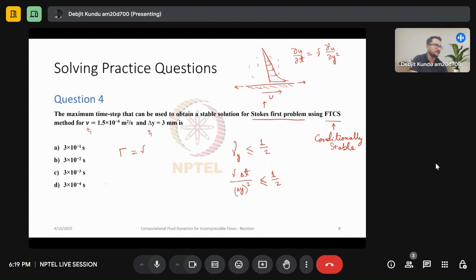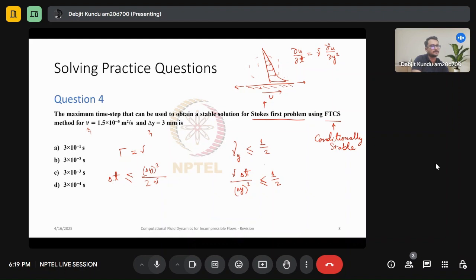Now if we rearrange these equations a little bit, it comes out that delta t has to be less than delta y squared divided by 2 into nu.